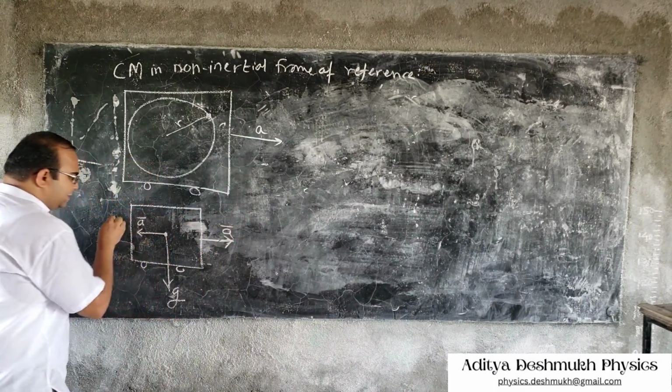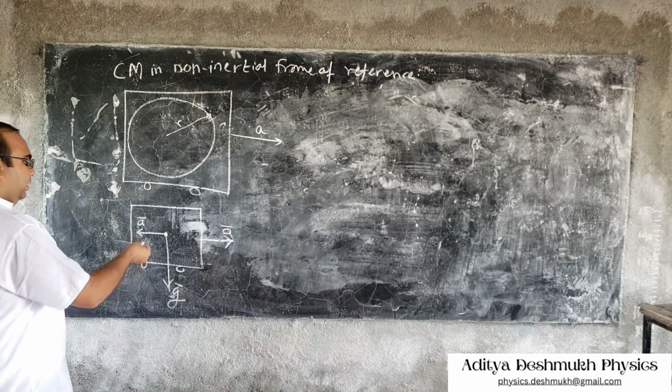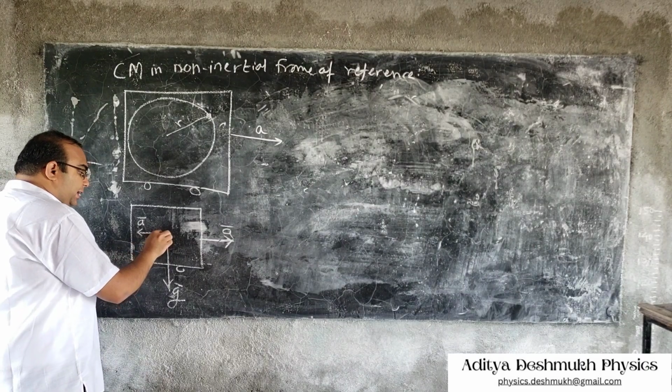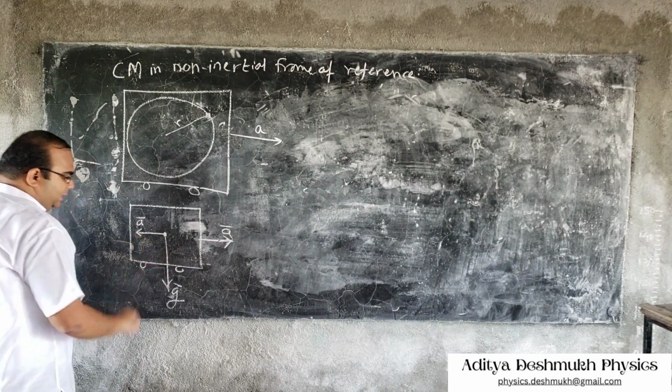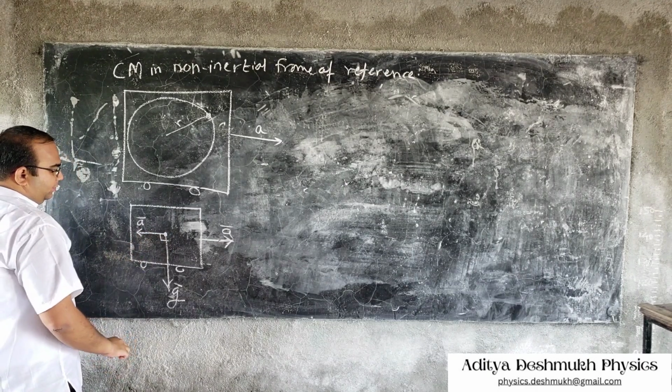Now these are vectors. So on the particle there are two accelerations acting at 90 degrees.